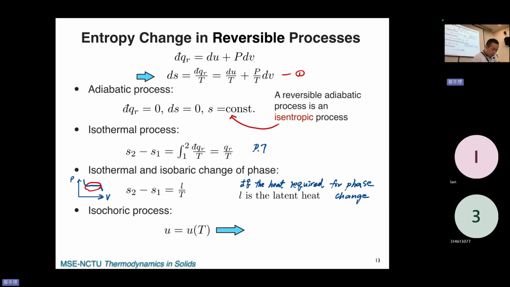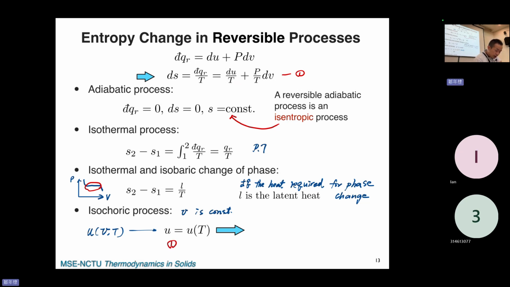Another interesting thing is if the material undergoes an isochoric process, of course reversible, which means V is constant. Because V is constant, naturally U is a function of V and T, but actually U is a function of T only.